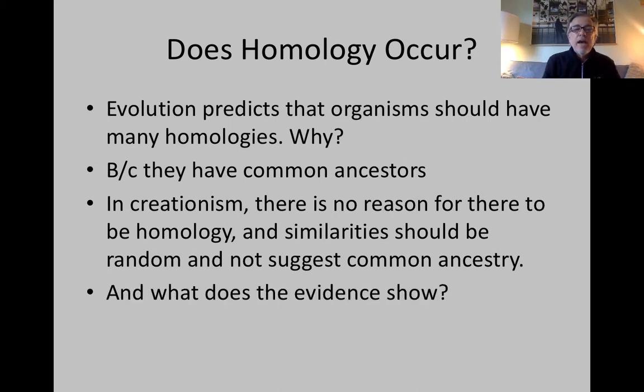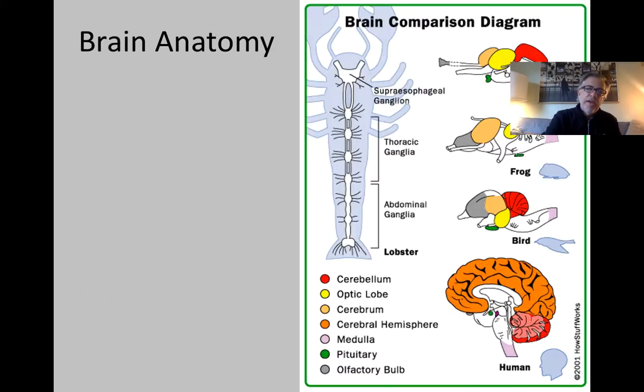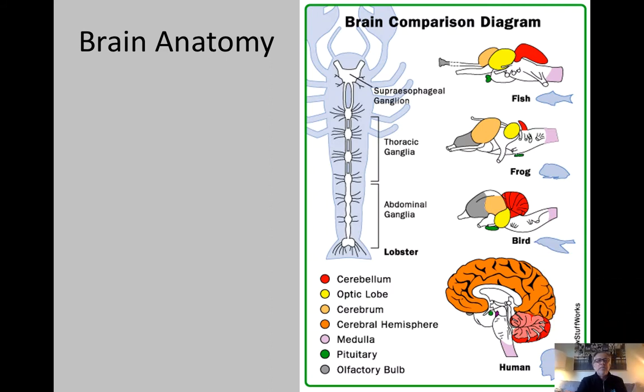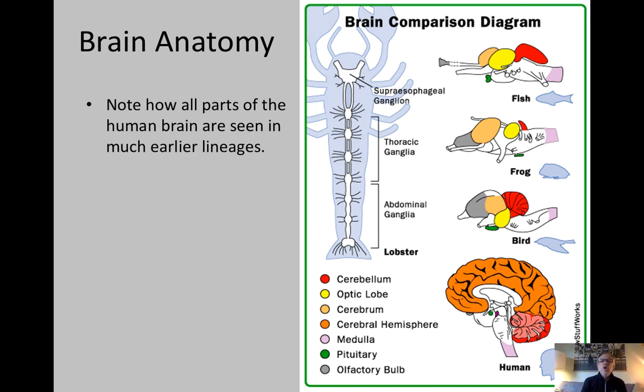So what does the evidence show? Well, you already know what the evidence shows. It shows lots of homology. Here's just one of many examples in brain anatomy. Note how all the parts of the human brain are seen in lineages that branch from the evolutionary tree much earlier than humans have.